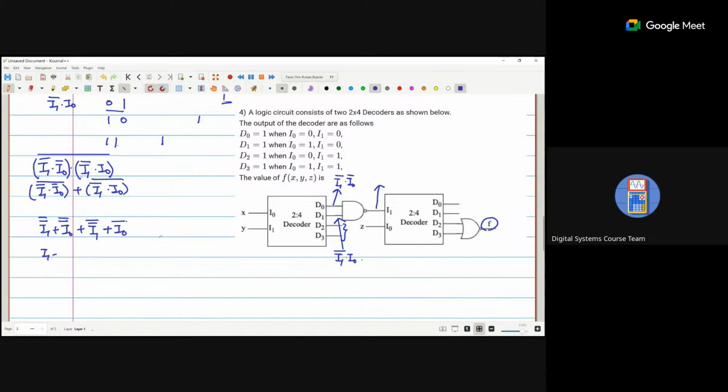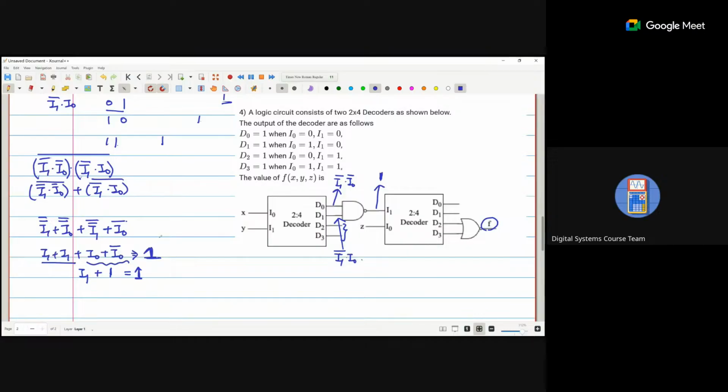So it is I1 plus I naught plus I1 plus I naught bar. So that is 1. How is it 1? Because I naught plus I naught bar is 1, I1 plus I1 is I1, and anything added with 1 is always 1. So here we are getting a 1.